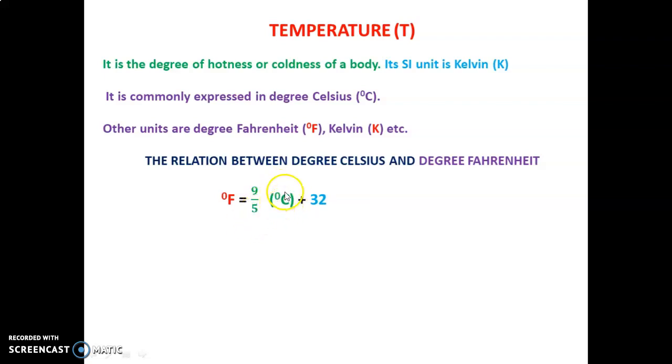You just write 10 here, then this 10 and 5 you can cancel, and here you get 2 times 9, 18, plus 32, 50. That is, 10 degrees Celsius equals 50 Fahrenheit. The same way we can calculate the relation between Fahrenheit and degree Celsius.